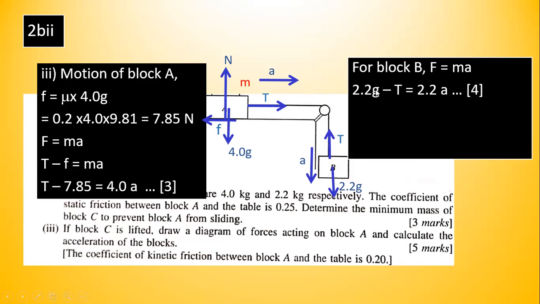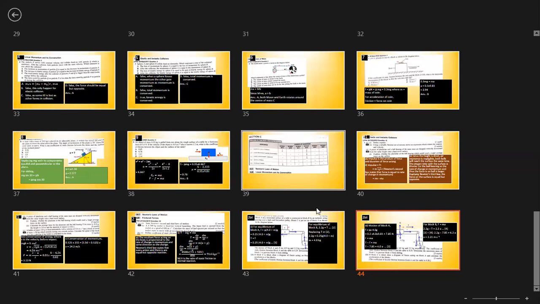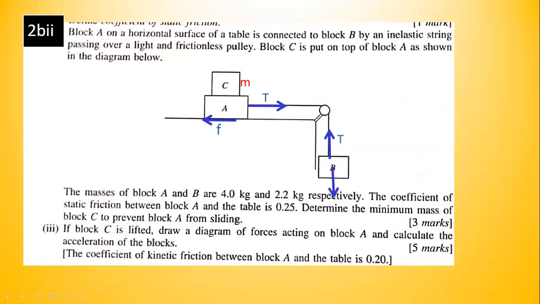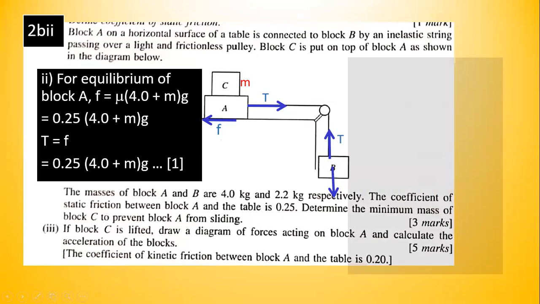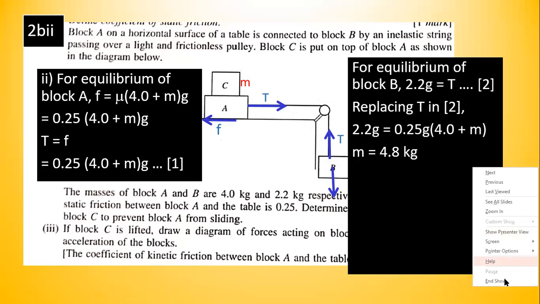Can you go back to B2 again? This is your B. That's the problem. Again, mass equals 4.8 kilo, not gram.